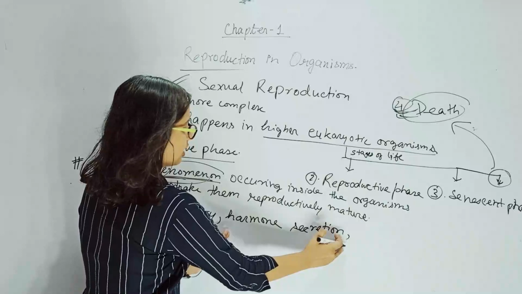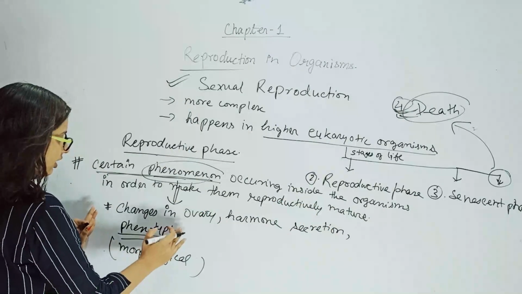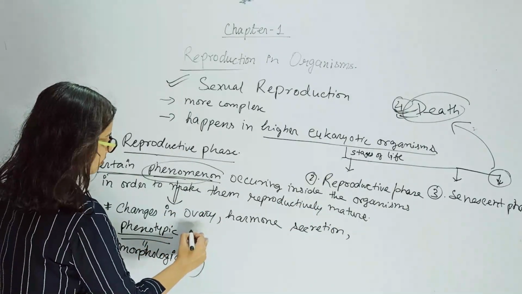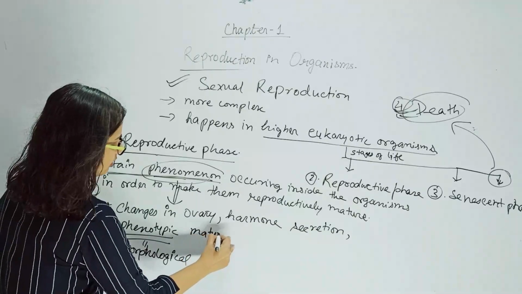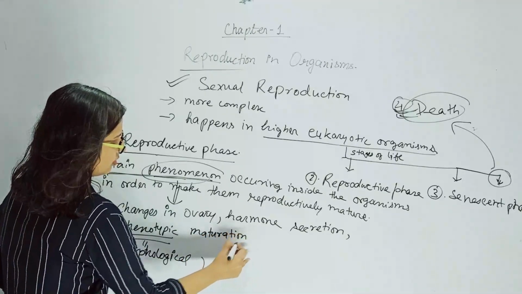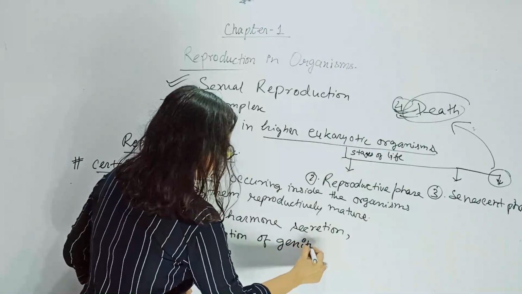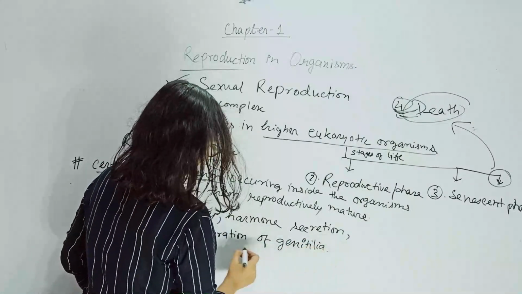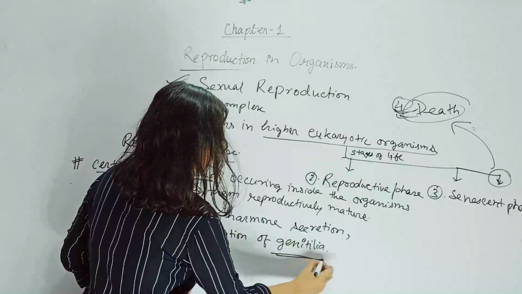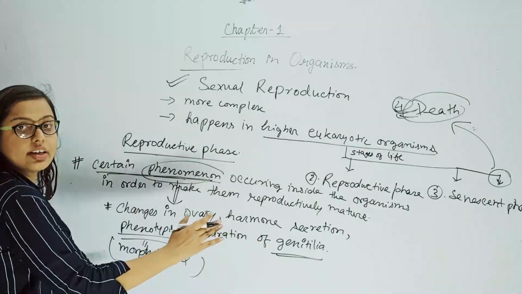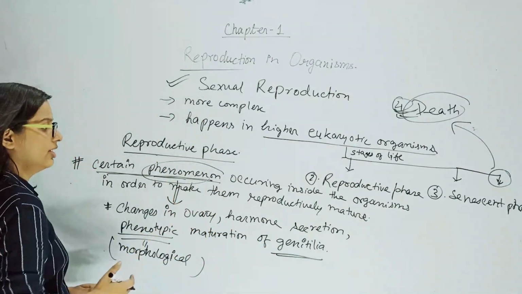Second, some hormone secretions. Third thing, phenotypic maturation of genitalia. Genitalia is the reproductive organ inside the eukaryotic organisms.